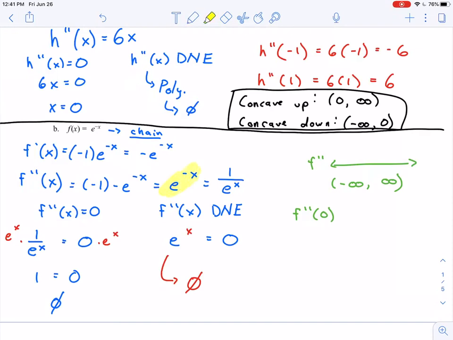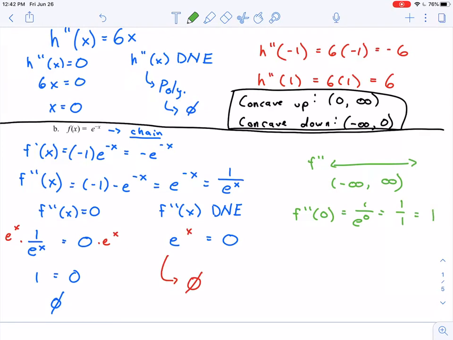You can work with e to the negative x, or you can work with 1 over e to the x. I took the time to write this positive exponent, so why not use it? But if you use the negative exponent expression, you'll end up with the same thing. This is 1 over e to the 0. I know that anything to the 0 power is 1, so this is 1 over 1, which is a positive 1.